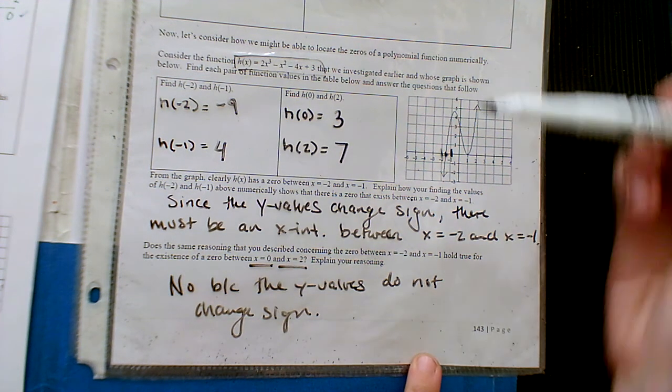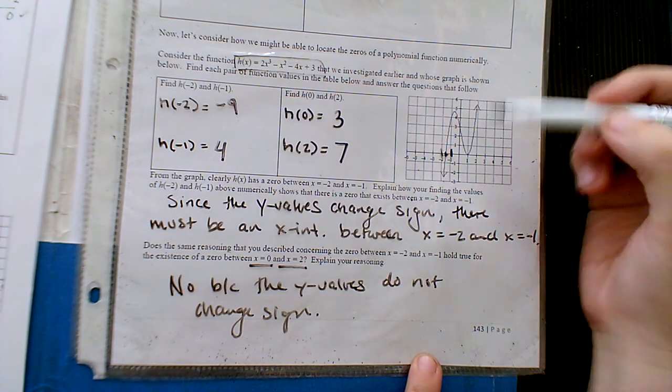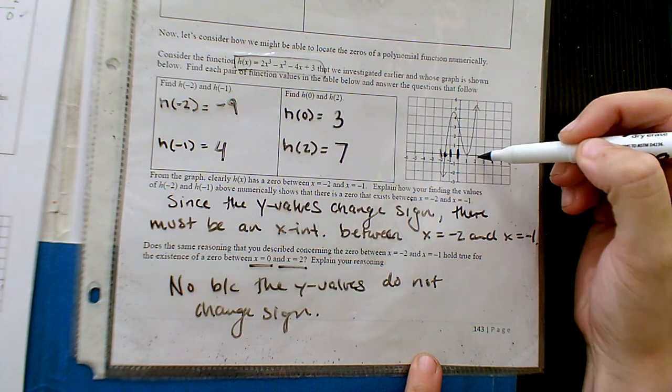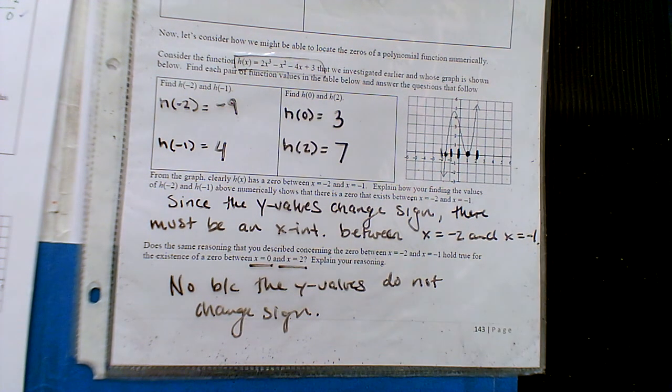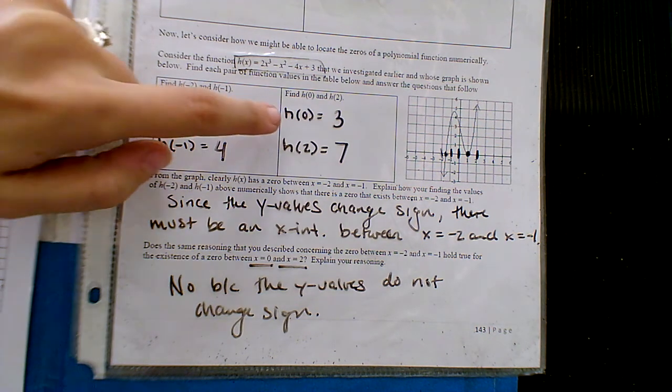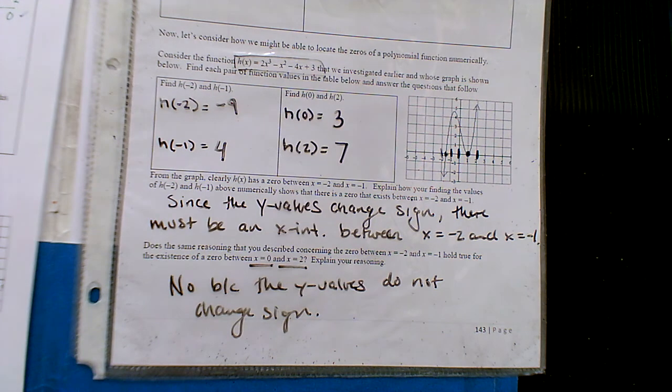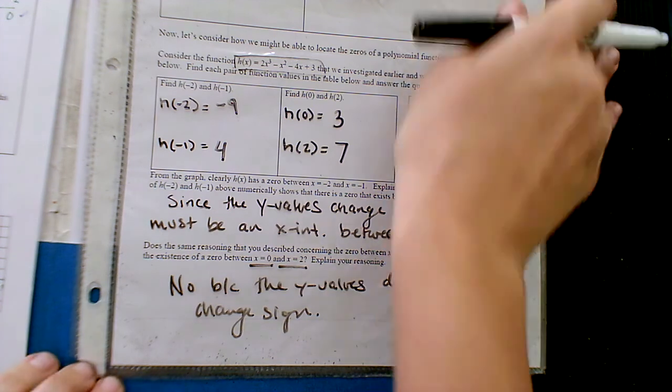Okay. If you look at the graph though, I understand that answer, but here's 0, here's 2, here's an x-intercept. So it's not that we don't have one. It shows that it doesn't cross over, so it bounces off the axis. So if it doesn't cross, we have two possibilities. We're either bouncing or we don't have one at all. Okay, again, we don't have the graph.